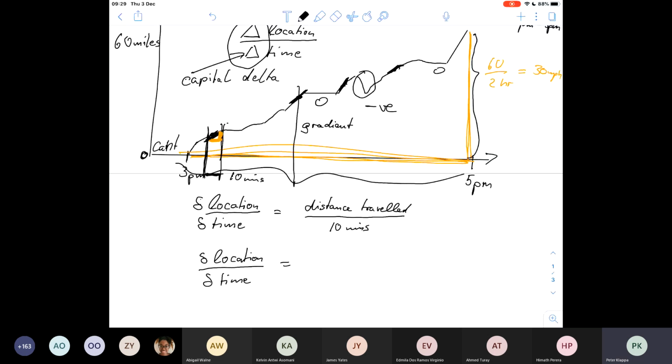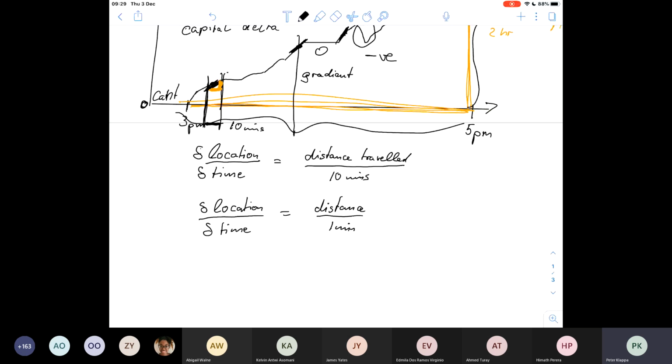Distance traveled in 1 minute. Could do that. Gives me a much better understanding of the speed that I'm driving. Actually, why should we stop at 1 minute?